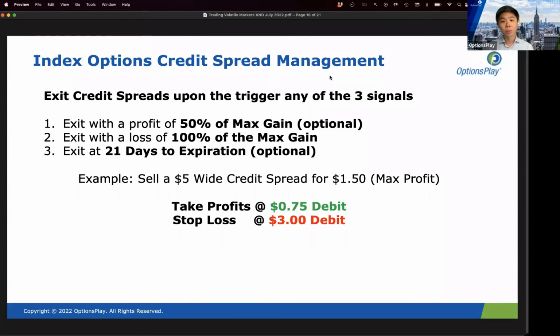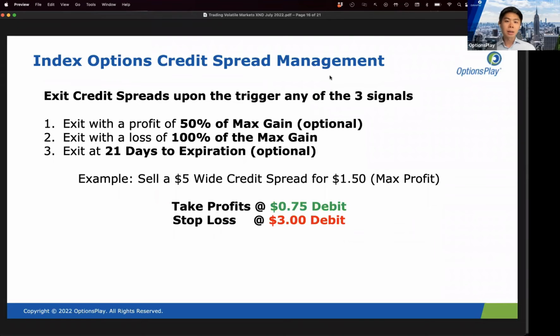So with that, what I want to talk a little bit about is managing these credit spreads. Because credit spreads require far more active management once you've entered these trades, I do want to talk through how this changes when you're trading an index option versus QQQ, an ETF option. Because when you sell a credit spread on an ETF option such as QQQ, you have assignment risk and exercise risk.